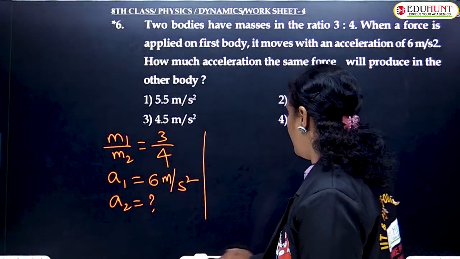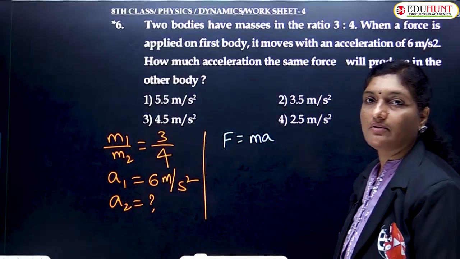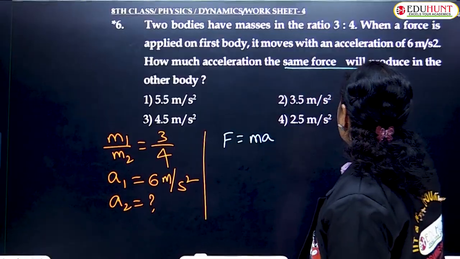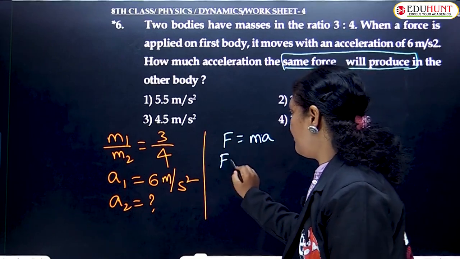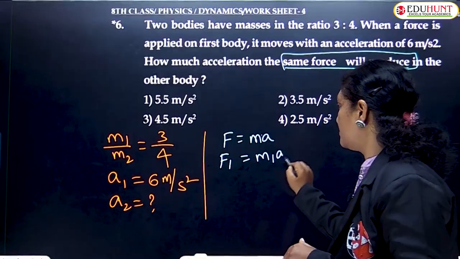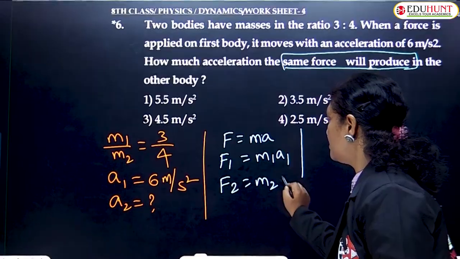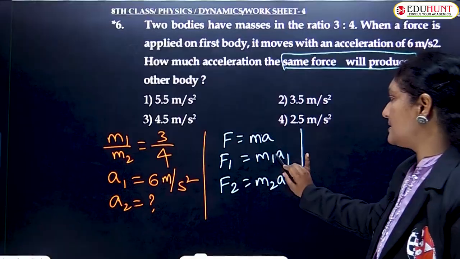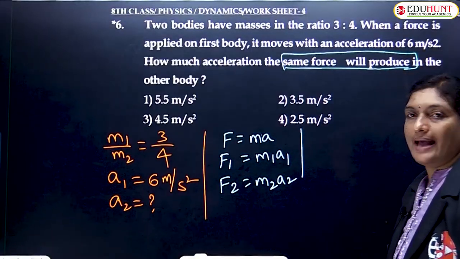Children, we know the formula F is equal to MA. Yes or no? F is equal to MA. But what we said was the same force will produce, same force. That means here force is the same. For the first body, let me represent it as F1. F1 is equal to M1 into A1. Similarly, F2 can be written as M2 into A2. Let us suppose first body: force F1, mass M1, acceleration A1. Second body: force F2, mass M2, acceleration A2.